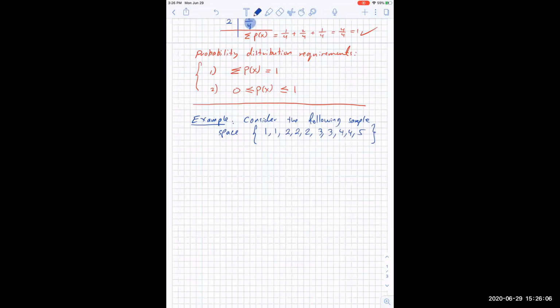This is a set of whole numbers. This is the entire set, the whole thing, not a sample. This is the population sample space.